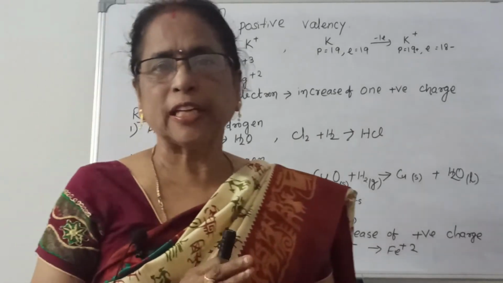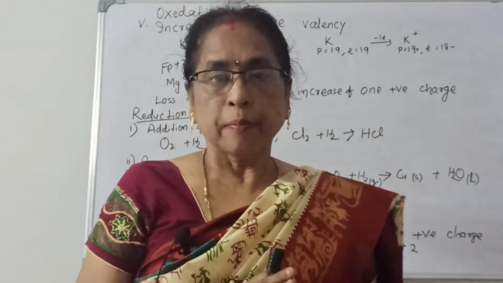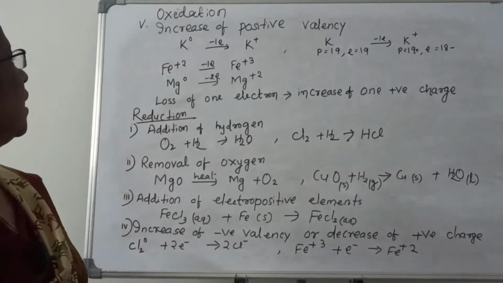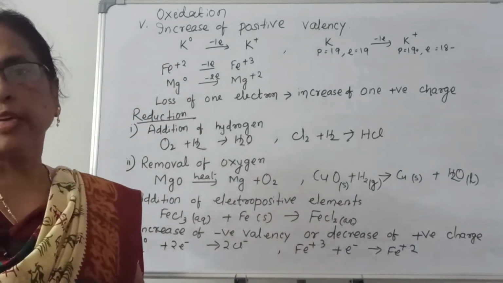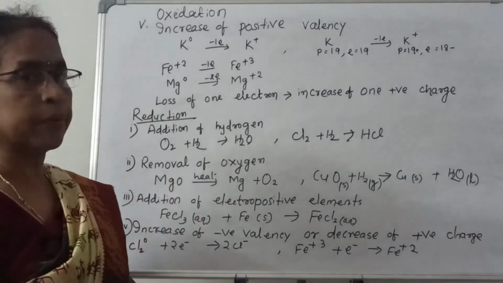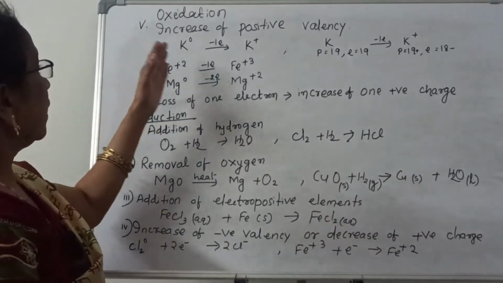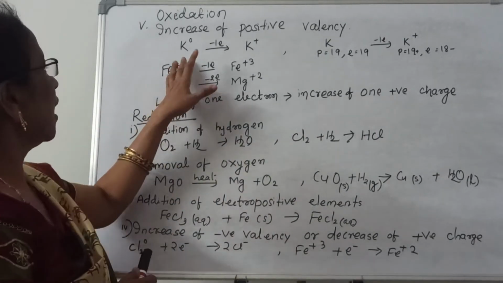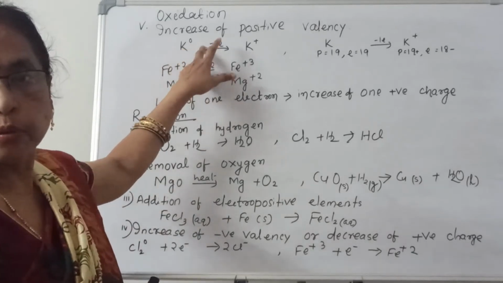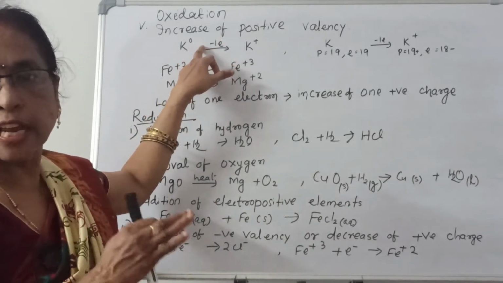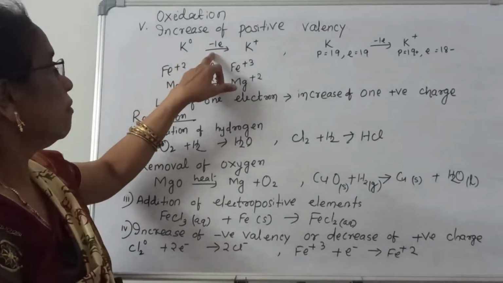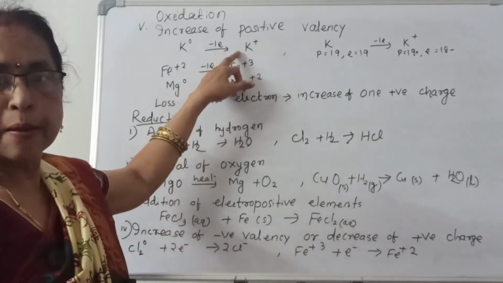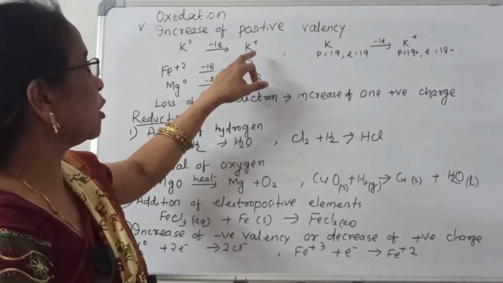Now we will see what is meant by reduction. Before that, one point is increase of positive valency, that is also an important point for oxidation. Positive valency means, for example, K0 means valency is 0 when it is in elementary state. When it loses one electron it changes to K plus, potassium ion, a positive ion.